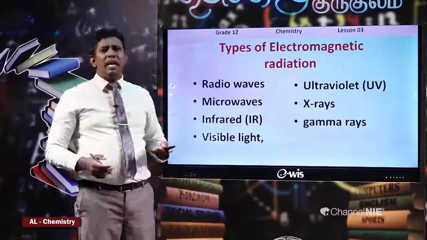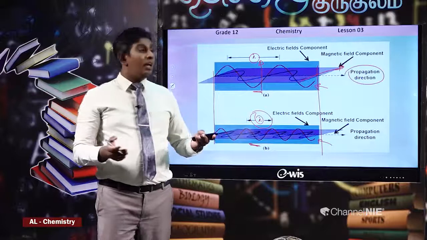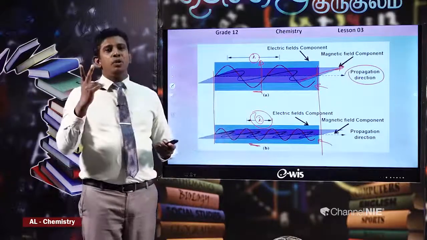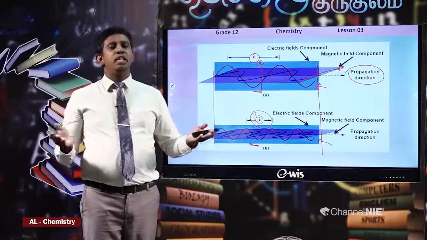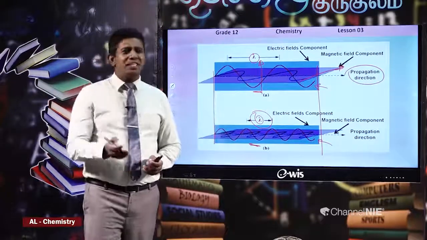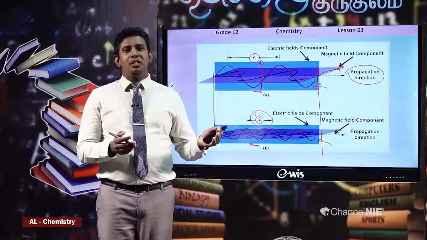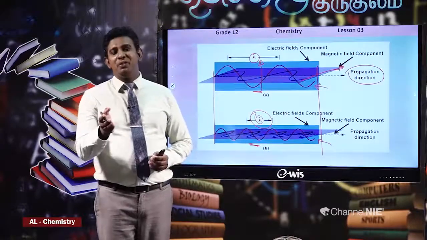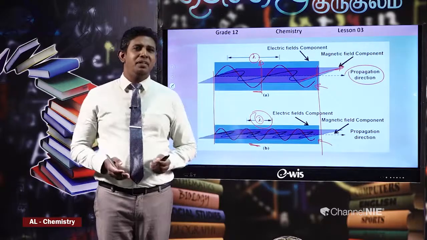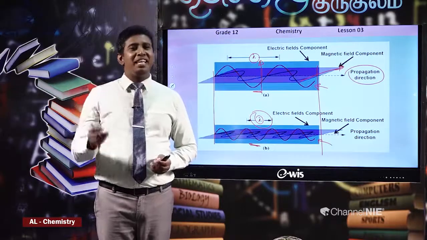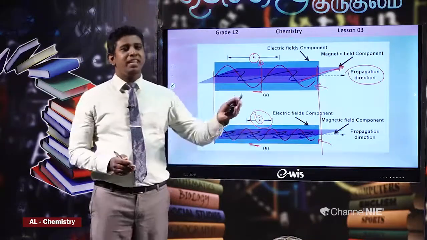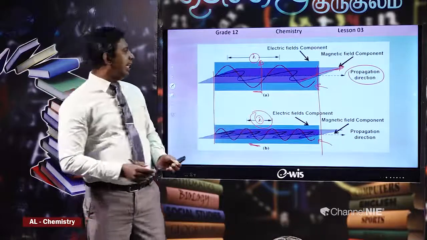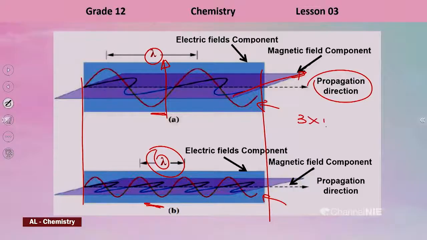Okay, so the wavelength and the frequency are two important characteristics that we need to know regarding those electromagnetic radiations. Then students, we have found out that for electromagnetic radiations you have a frequency as well as a wavelength. But all the electromagnetic radiations have one certain speed or velocity, 3 into 10 to the power 8 meters per second.